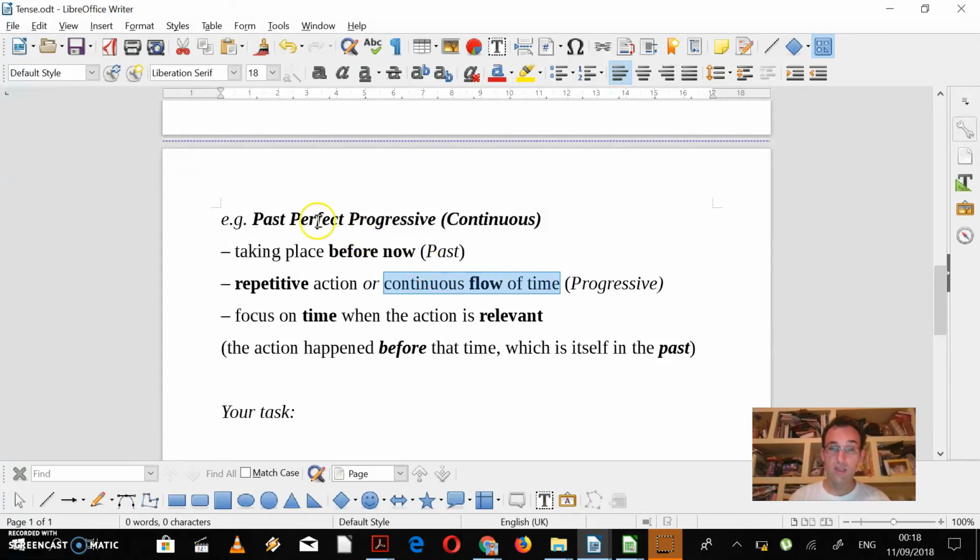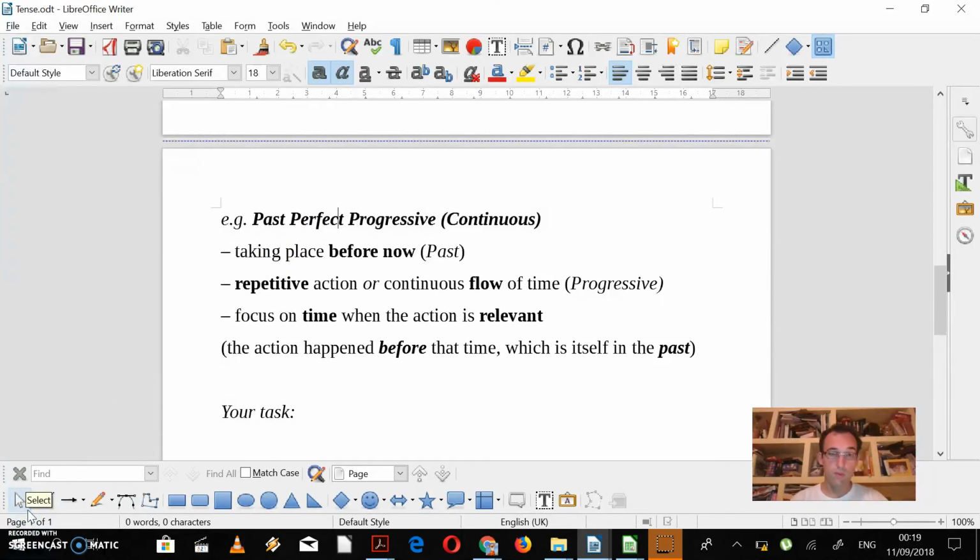And last but not least, the perfect in the name, which shows us that it is actually the past that we focus on, because the action was here relevant, it mattered, it was important, but by the time the action was already finished. So the action happened before that time in the past that we're talking about. This should remind you of the Croatian pluperfect, plusquamperfect. Alright?